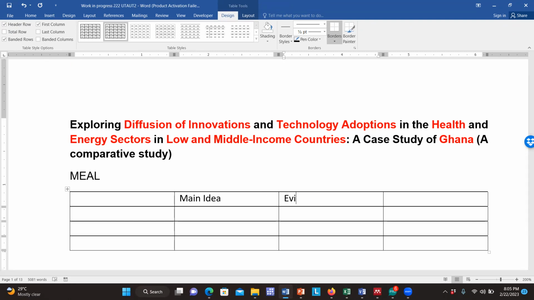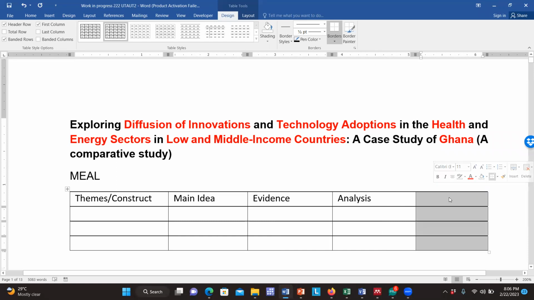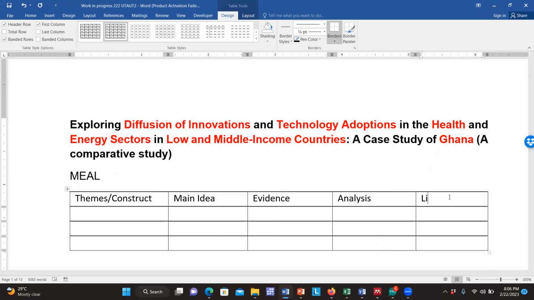This is what? Evidence. This is what? Analysis. And the writing can be, so these are the themes or constructs. I'm saying that I'm doing this for the first time. I always like to innovate. Then the last one is link back.